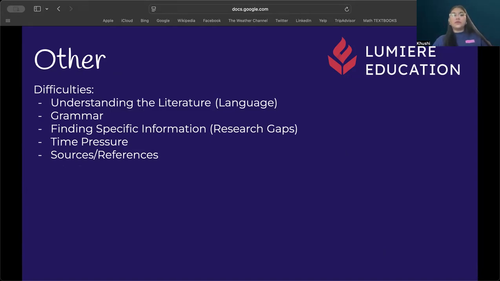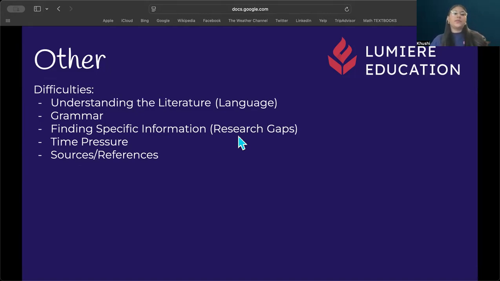Searching for research gaps, things that haven't already been researched, was also hard. And even though you get a lot of time to complete your research paper, there was still a time pressure, like I have to get my research paper done in 1 month.